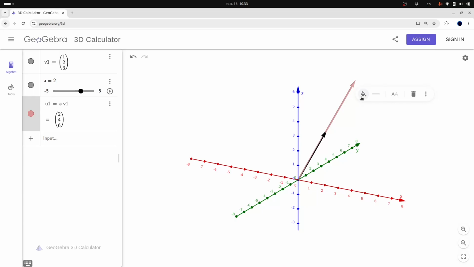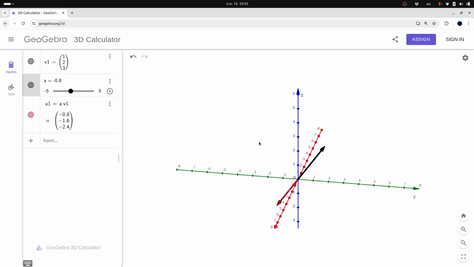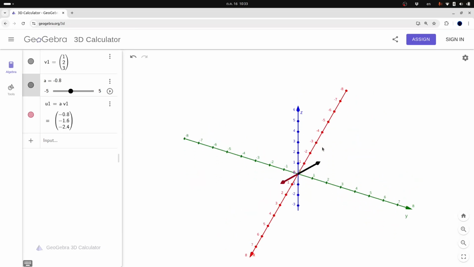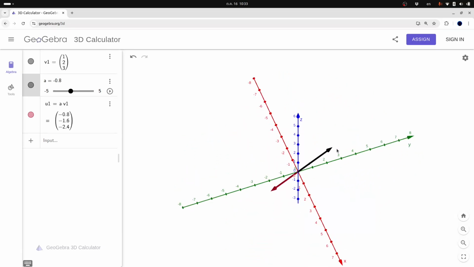So now, again, when your vector is in three-dimensional space, you can scale it, and you can rotate the plane to see how it looks.